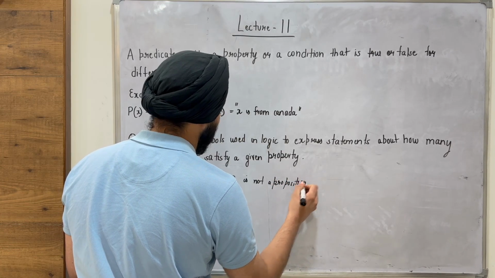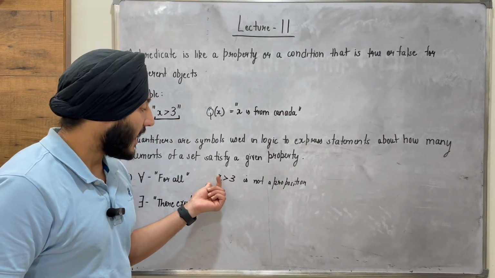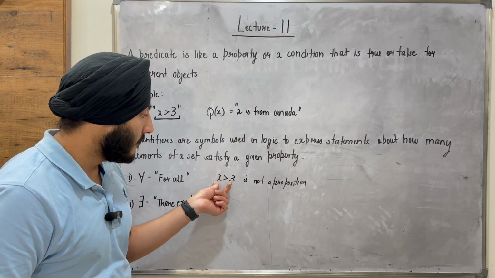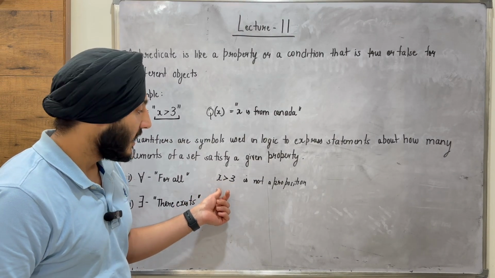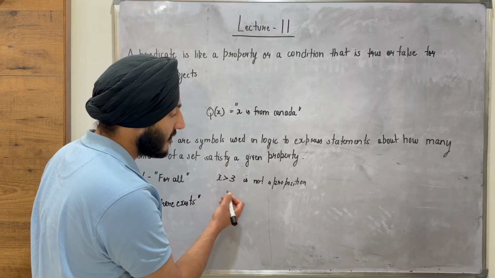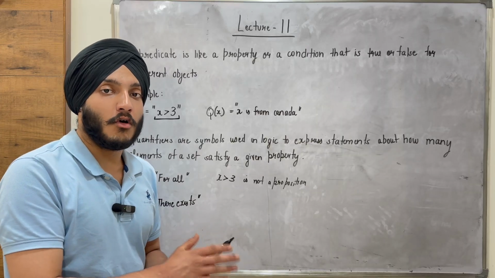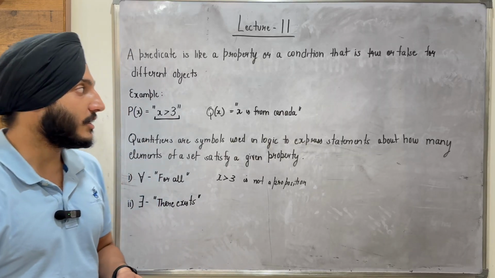Why is this not a proposition? I don't know the value of x, right? If the value of x is 1, then this is going to be false. If it's 4, it's going to be true. But as long as I don't know the value of x, this is not going to be a proposition, right? For a proposition, I need either a true or a false value. So that's the basic concept, right?